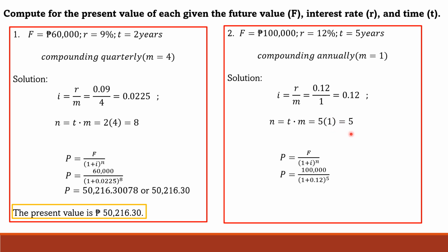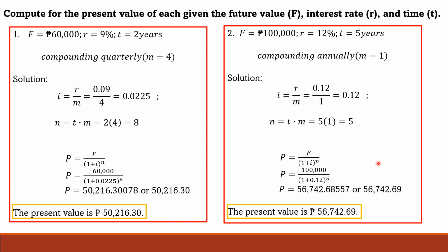Raise po natin sa ating N na 5. We have 56,742.68557 or 56,742.69. Okay? That will be, the present value is 56,742.69 pesos. Okay?